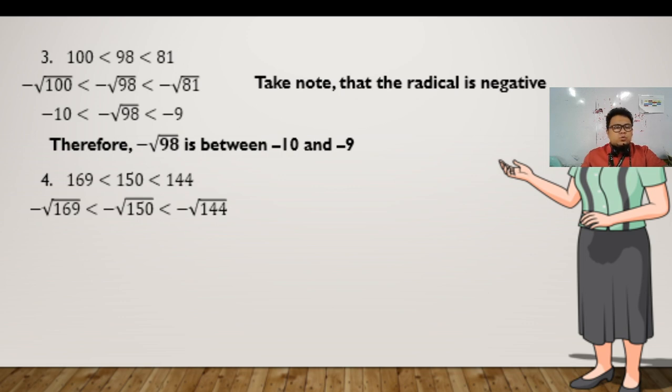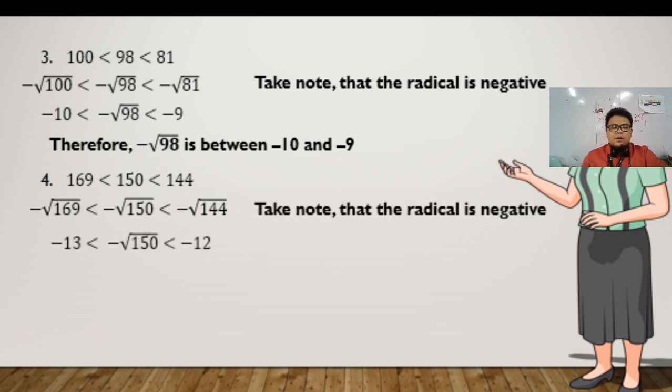The square root of 169 is 13, and the square root of 144 is 12, so negative 13 and negative 12. Therefore, the negative square root of 150 is between negative 13 and negative 12.